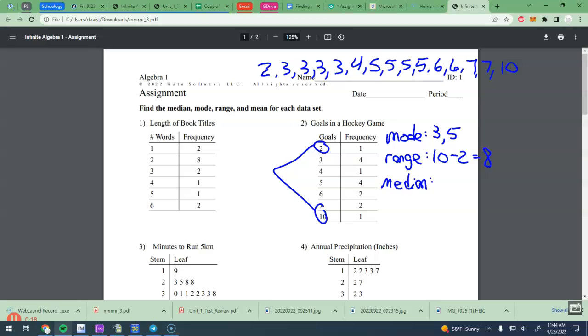Median is where we start chopping from both sides. So the median's 5. And then the mean, so I just want to make sure you guys are adding up the right thing. Let me do this.